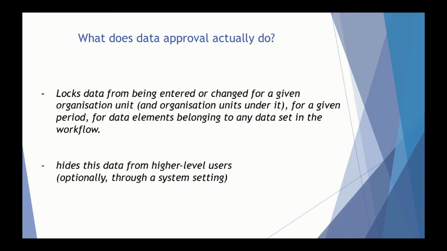They lock data from a period that has been approved, and in reporting, there's an optional function through a system setting where you can hide unapproved data from higher level users. Now, we usually think higher level users are more powerful, they can see more. This is at least one case in the system where sometimes they can see less than the lower level users.